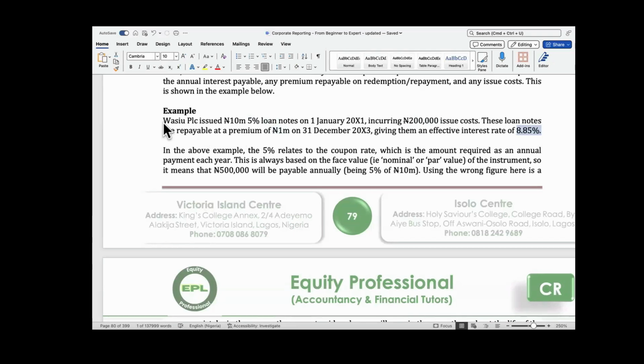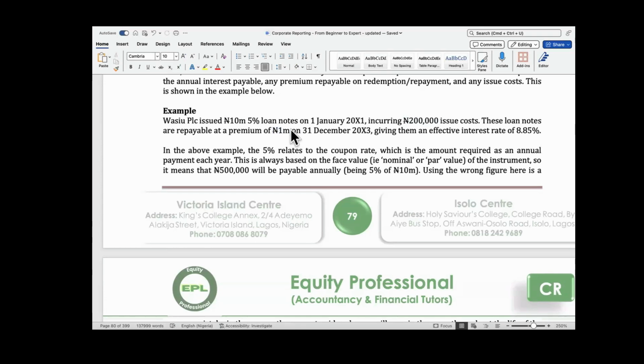Okay, so this is a scenario similar to the one we did last. We invested 10 million. We are getting 5% per annum. Then 200,000 issue costs. So we are getting a premium of 1 million, which means that at maturity, we're going to get 11 million since we are getting an extra 1 million. And like I've explained to you earlier, this 1 million needs to be recognized over the 3 years.